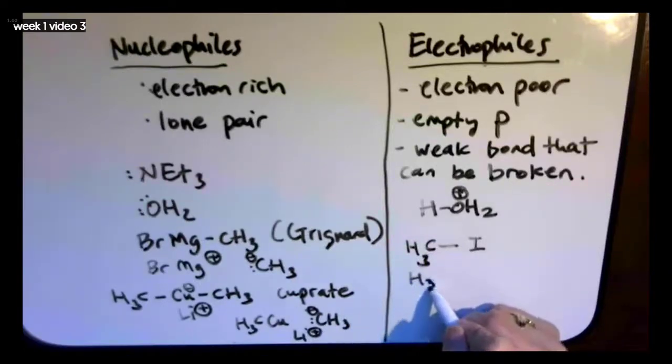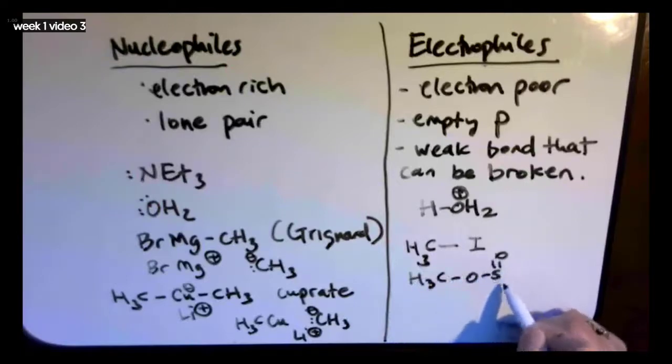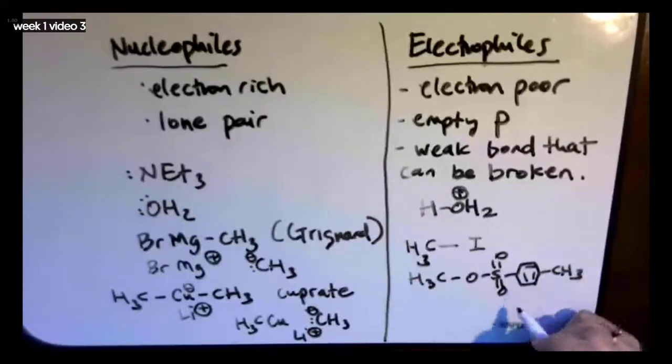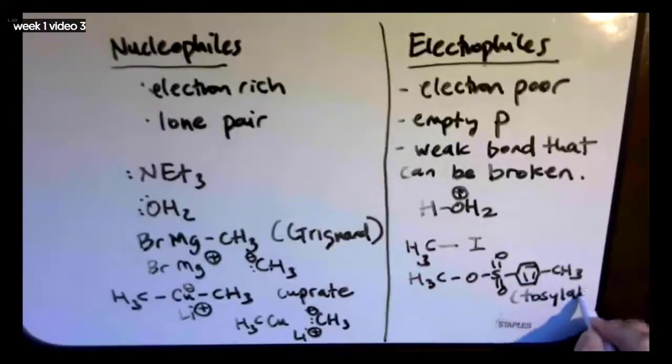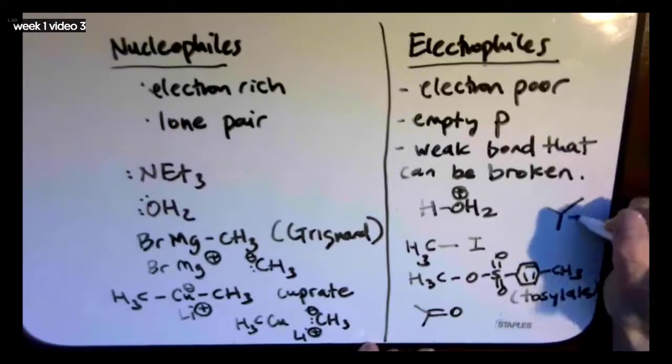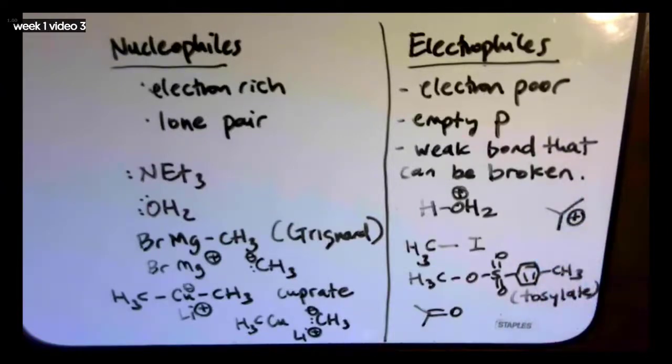Similarly, sulfonates, so I'll draw a tosylate. They behave a lot like the alkyl iodides because they have that weak CO bond that you can break by attacking with a nucleophile. We also have carbonyls. The pi bond is what we're going to break. Or if we want to have an empty p orbital, your carbocation, right? That would be a great electrophile. And you could trap it with a good nucleophile like water or an amine.